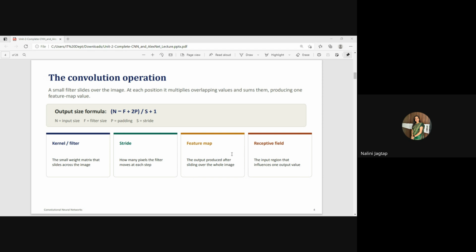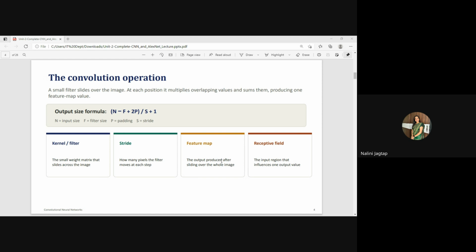And the receptive field is the region of the input that influences a single output value. This last one matters enormously later because as we stack more convolutional layers, the effective receptive field of the deeper neurons grows, letting them see larger and larger regions of the original image, even though each individual filter is still small.